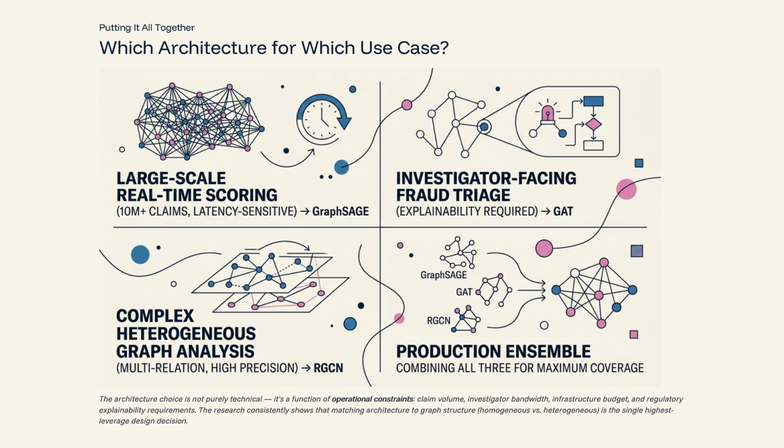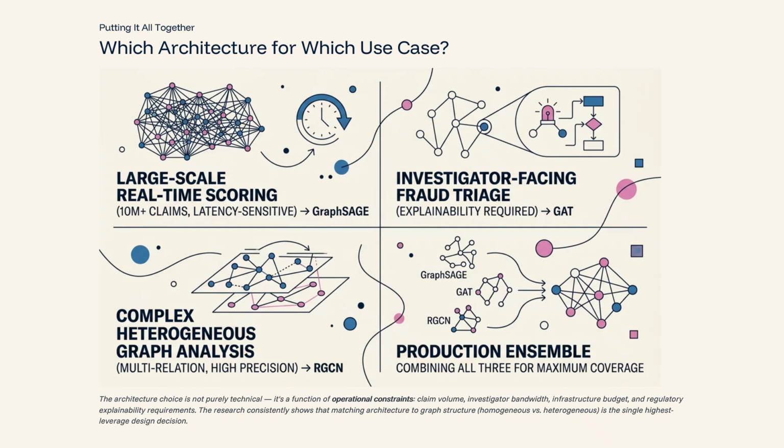If native explainability is required, and the compliance team needs audit trails, where every flag has to be justified to an investigator or regulator, that is GAT. And for GraphSAGE: massive claim volumes daily, fast retraining cycles needed, first GNN system in the organization, quick ROI story required. So meaningful lift over classical baselines at a fraction of the infrastructure cost.